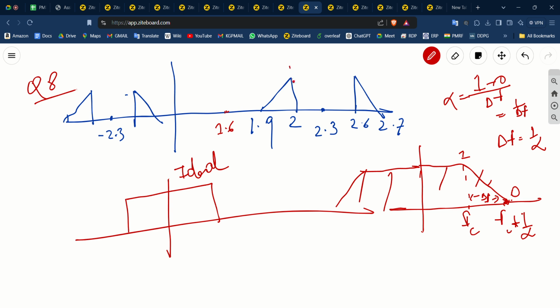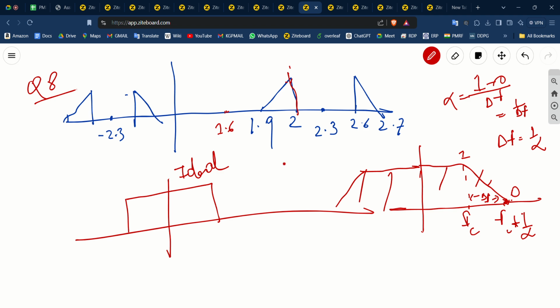So normally what will we have? We have a filter like this. We will cut off this portion. What we will have is a filter like this.